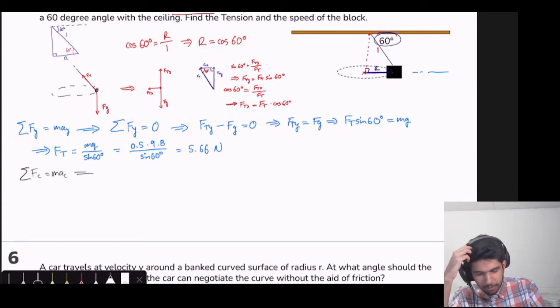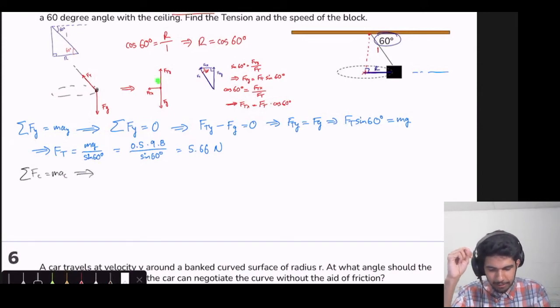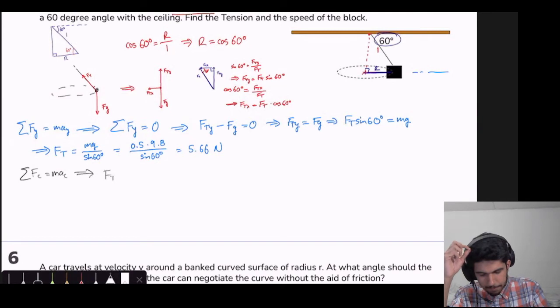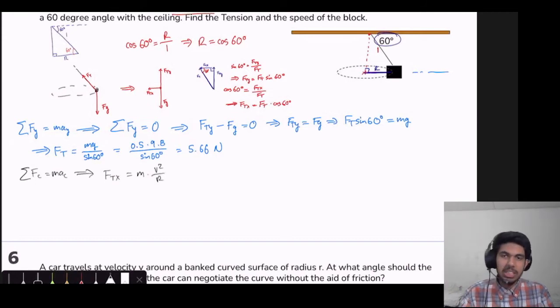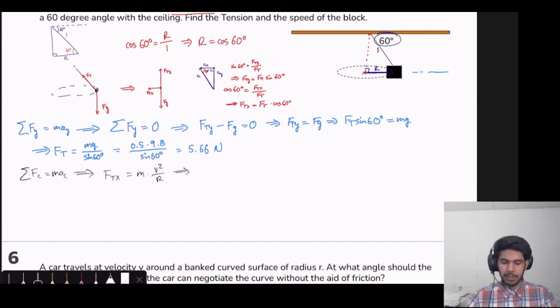We only have one force pointing in the circular direction, and that is Ftx right there. So we say that Ftx equals m, and then ac equals v squared over r. We need to make that substitution because we're solving for velocity. Let's just rearrange so we can solve for velocity.